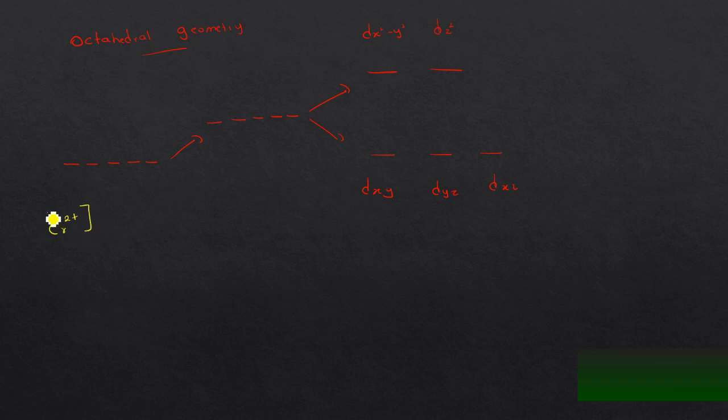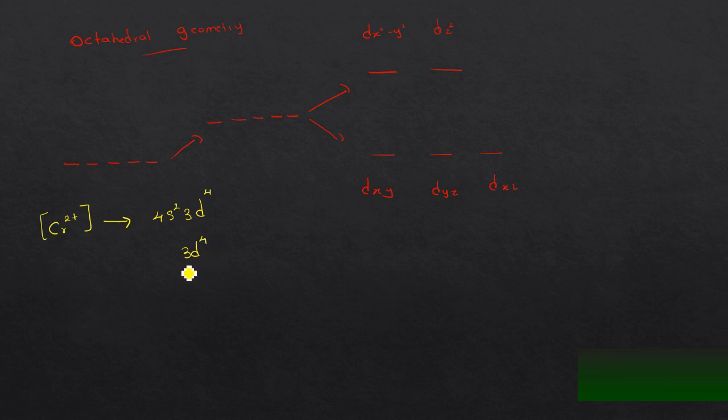This is just to explain this concept. So let's assume we have a chromium 2 plus complex. If we have to write the electron configuration, it's going to be 4s2 3d4, I guess. Because it's 2 plus, we are going to eliminate 2 electrons, so we are left with 3d4.